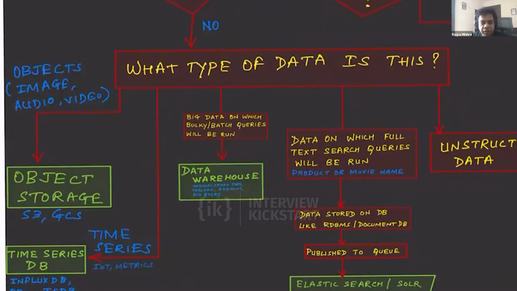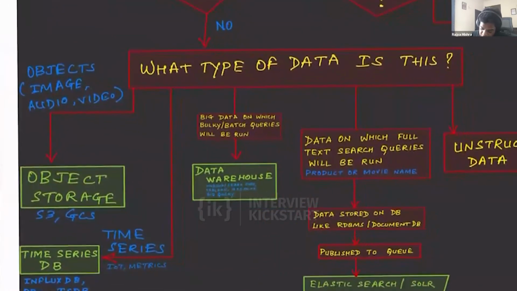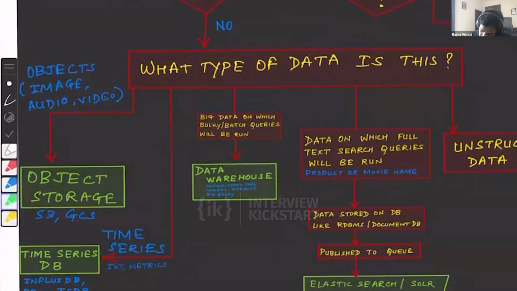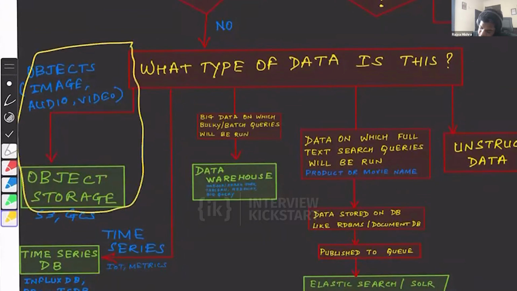It is an image, audio, video, right? Documents. Then in that case, you can go for object storage like S3 or Google Cloud Storage. Right. So we are talking about this part. This is not this. So we are talking about this part. Okay.